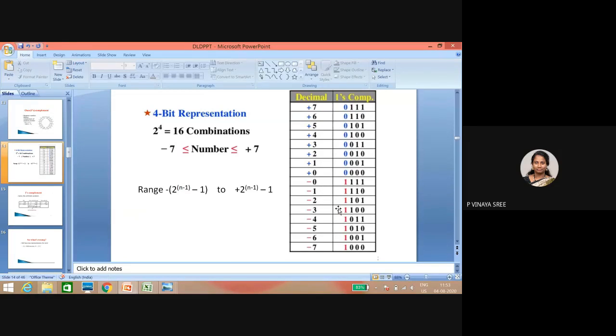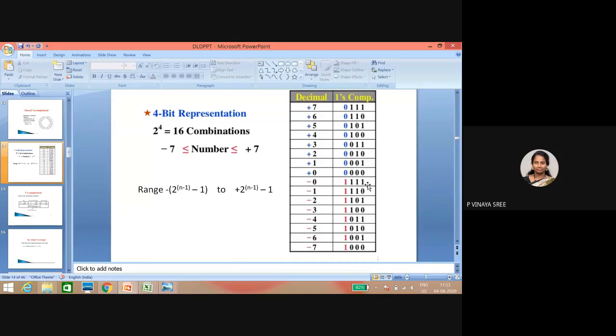Try to concentrate, at the end I will ask you questions. In ones complement also, for showing a negative number, in the MSB part by default you are having 1. So in one's complement representation, if the MSB is 1, you can simply consider that it is a negative number.